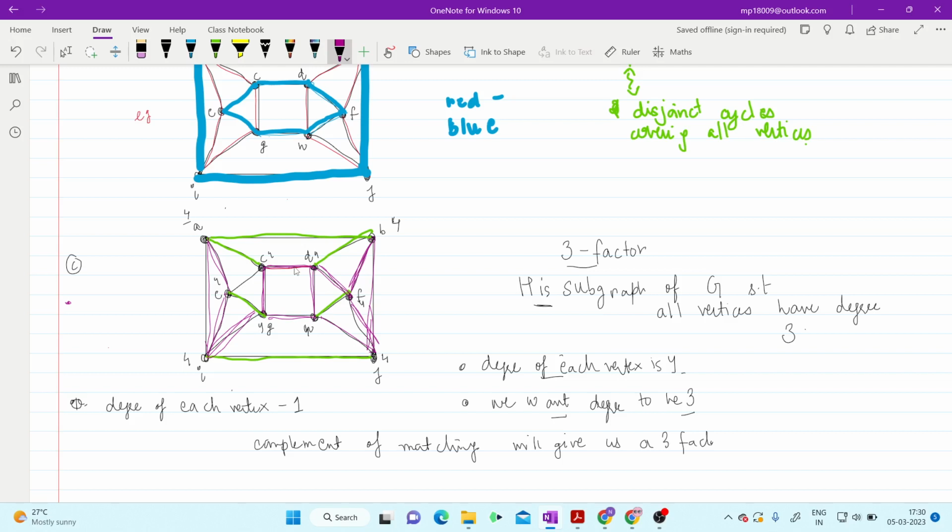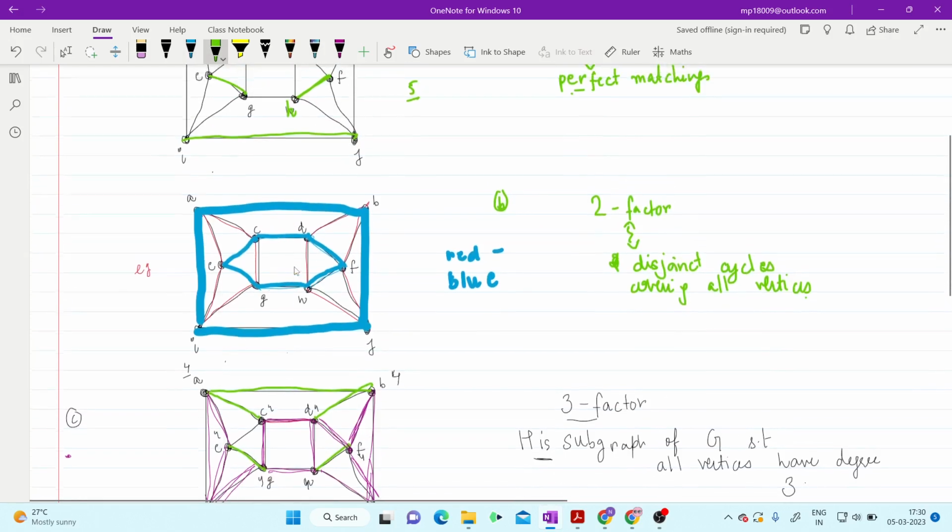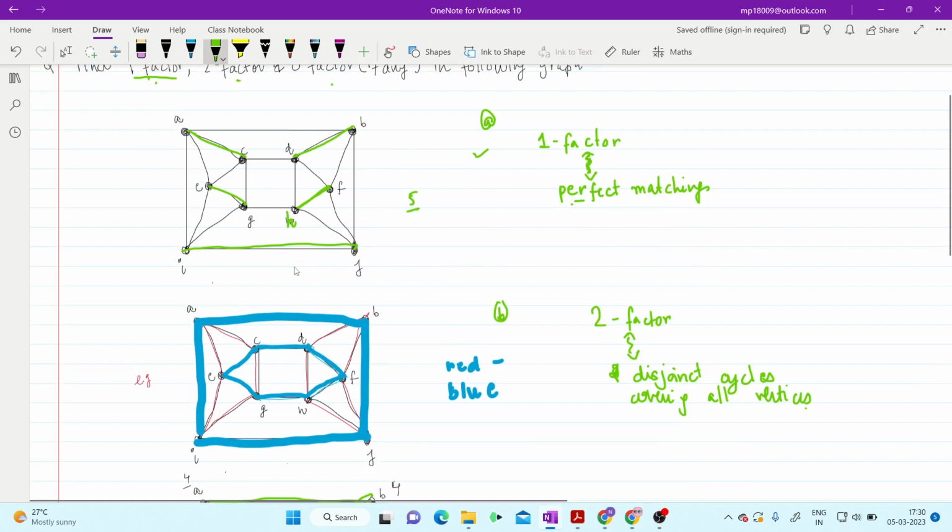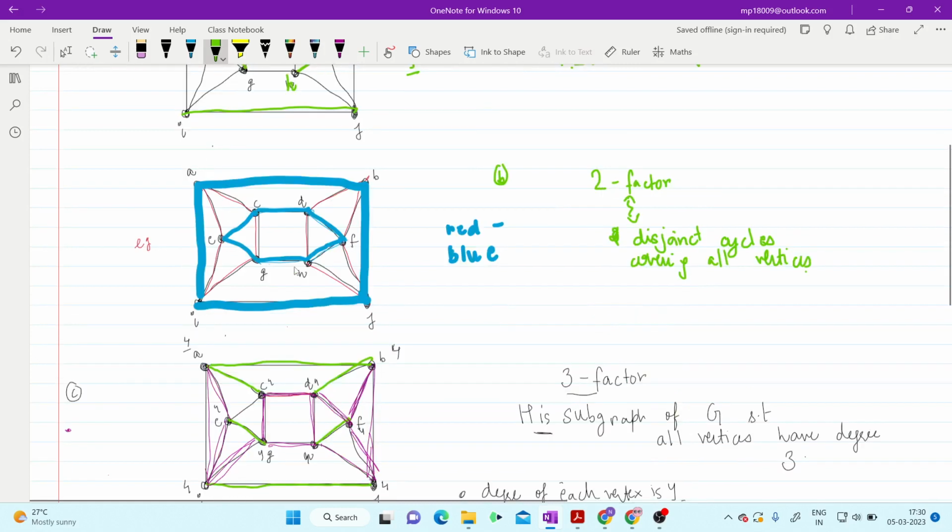We are left with 3 edges. Okay, wait, this was not the perfect matching. This edge was not, this is purple.